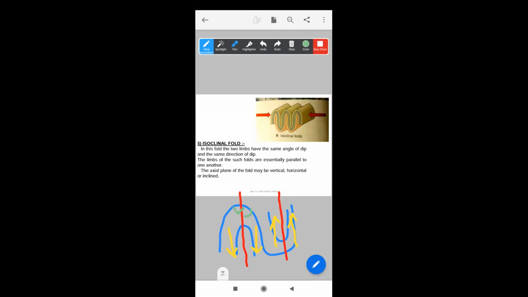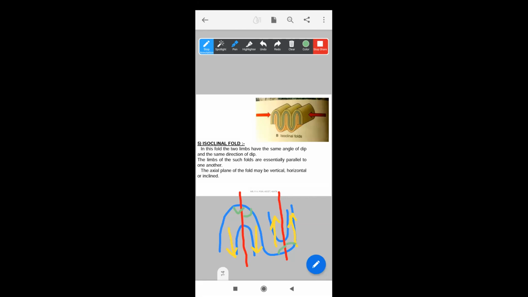Now when you look here, the angle, now these angles which I have marked with the light green color, these angles are also same. Here at the bottom also the angles are same, and the limbs, that is sides of the fold, are parallel to each other. आता या रेड कलर मुळे जे दोन पार्ट्स तयार झालेले आहेत लिंबचे, त्याचे जर अलाइनमेंट बघितली तर ज्या साइड्स आहेत त्या एकमेकाला नेहमी पॅरलल राहतात.